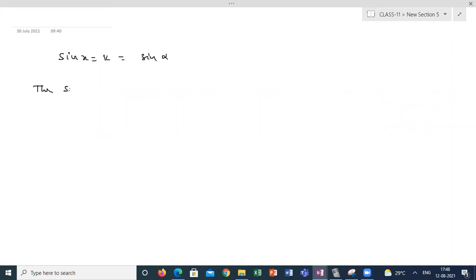The solution set of sin x is equal to k, where modulus of k is less than or equal to 1. Then only you can explain the sin x solution set. If k is more than 1, there is no solution set, correct? Because it's not defined for more than 1. How can I write?